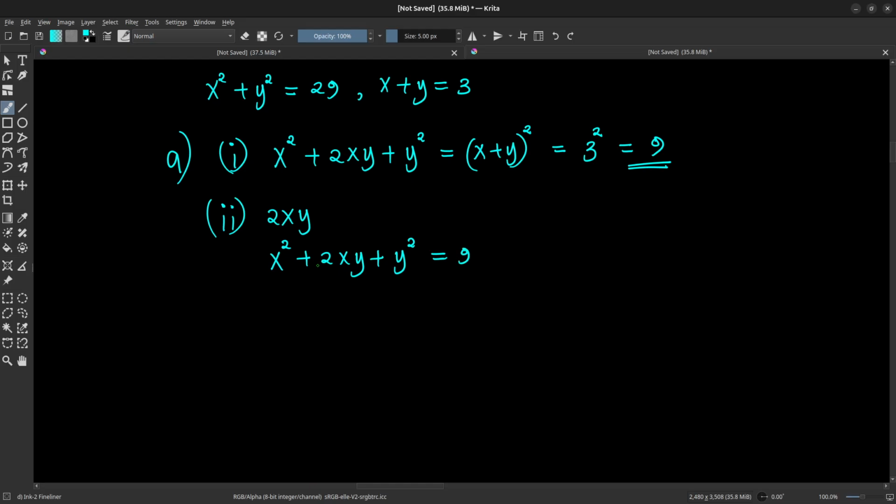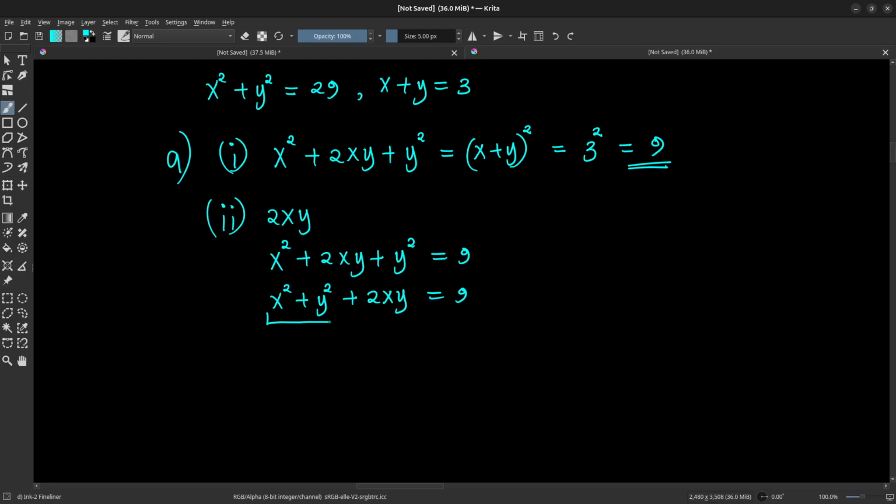And we can rewrite this as x squared plus y squared plus 2xy is equal to 9. So we've just interchanged the positioning of 2xy and y squared.